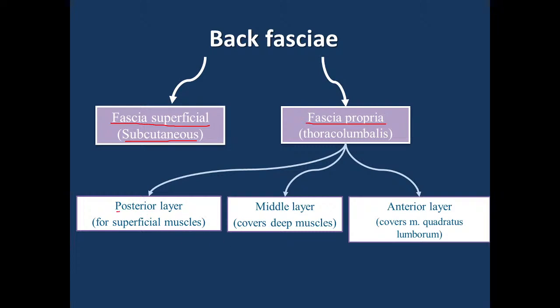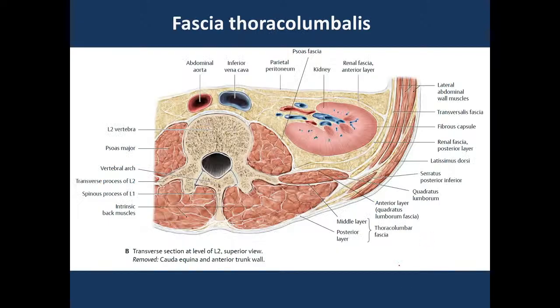As you see, it has a posterior layer, middle layer, and anterior layer. The deepest layer is the anterior, and it covers musculus quadratus lumborum. This is a muscle of the abdominal region. You see here the fascia propria, and some of three layers.